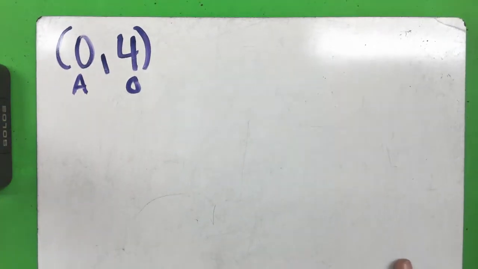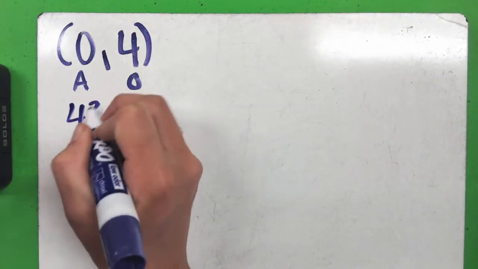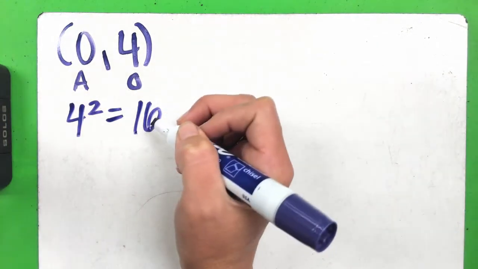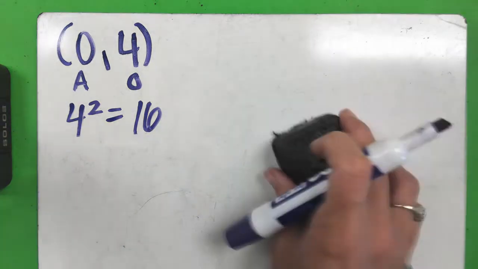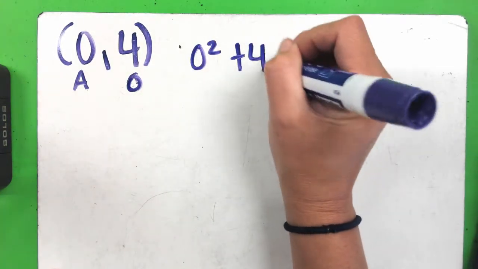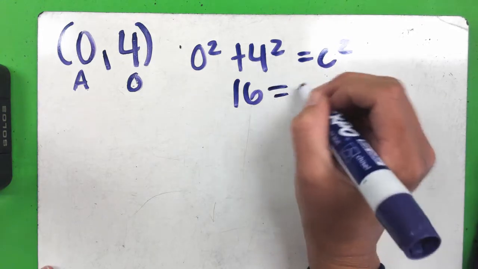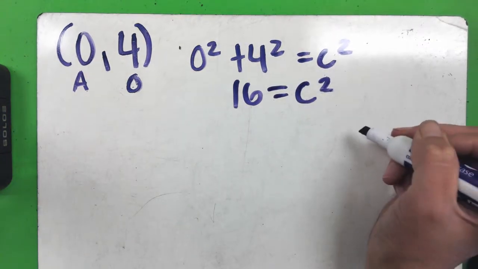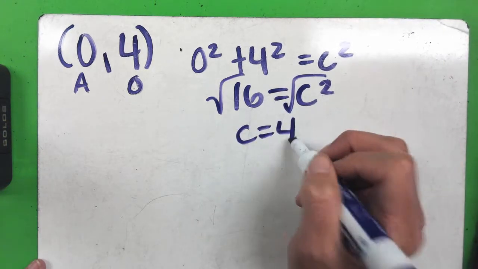So we will have 4 squared, which is 16. Let me write it out like this. We'd have 0 squared plus 4 squared equals c squared. That's 16 equals c squared. And then to solve for c, square root. So c equals... everybody good with that part?